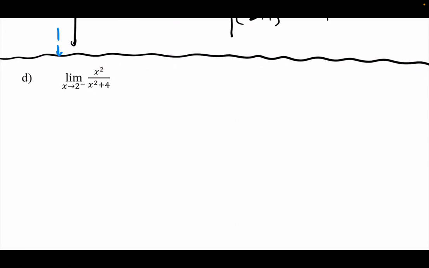There you go, plug it in. When we plug it in, do we get an answer? Yeah, you're done. So when we plug it in, we get 2 squared over 2 squared plus 4, right? So we get 4 over 8, right? You're done. That's your answer.